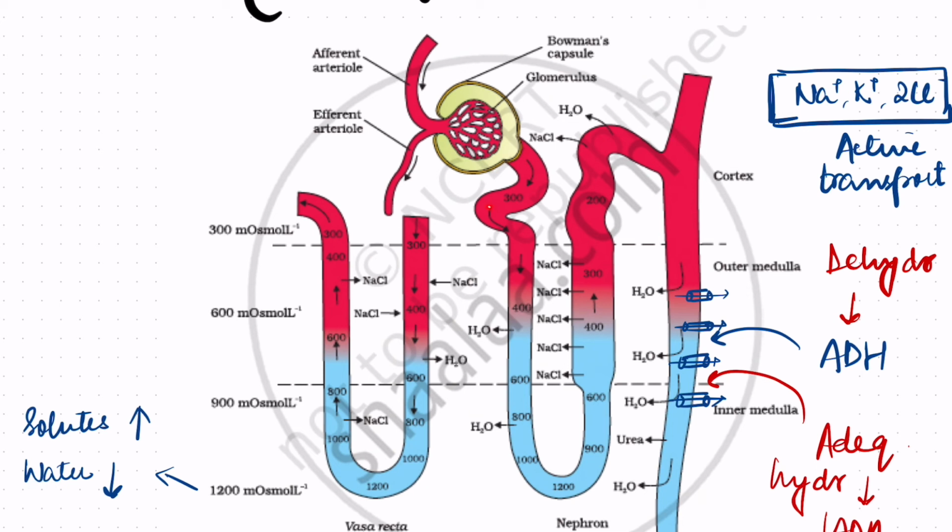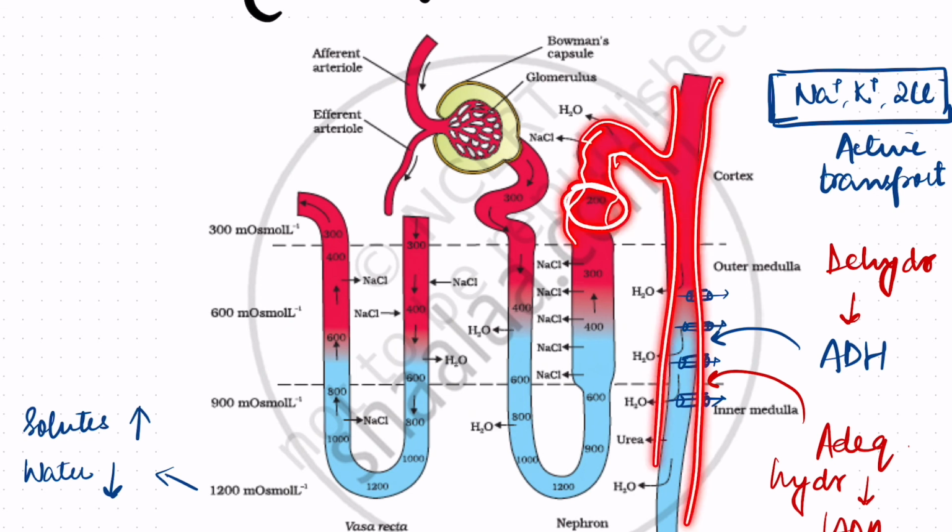The osmolarity of the filtrate in the PCT is 300. While going down the descending limb of the loop of Henle, water goes out and the osmolarity starts increasing to almost 1200. In the ascending limb of the loop of Henle, the solutes come out and the osmolarity again starts decreasing. While reaching the DCT, the osmolarity is approximately 200, but the collecting duct decides the reabsorption of water.